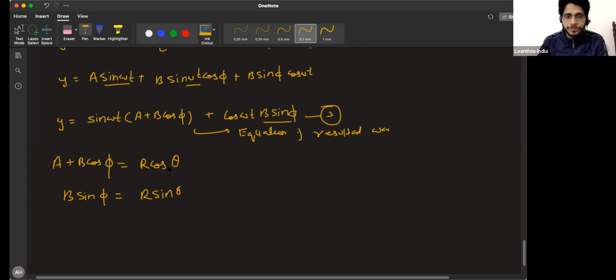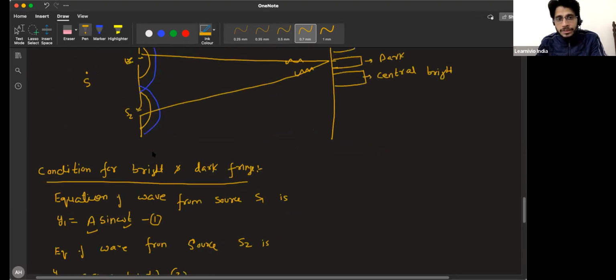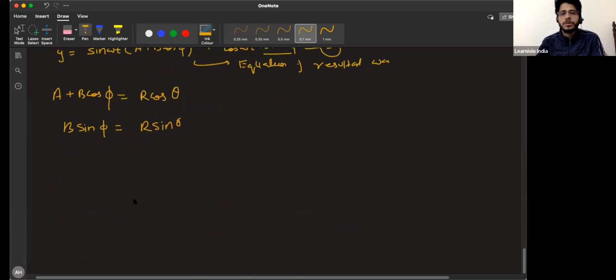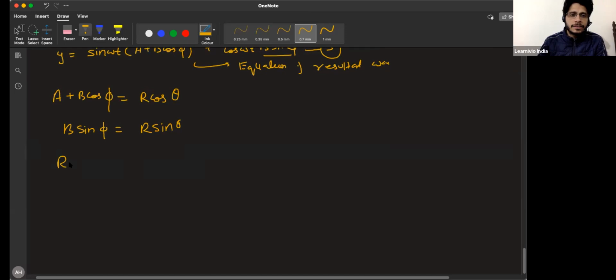I'm using these variables just to express it in standard form, either A sine omega t or B sine omega t plus phi. Here R is the amplitude of the resultant wave, and theta is the phase constant.